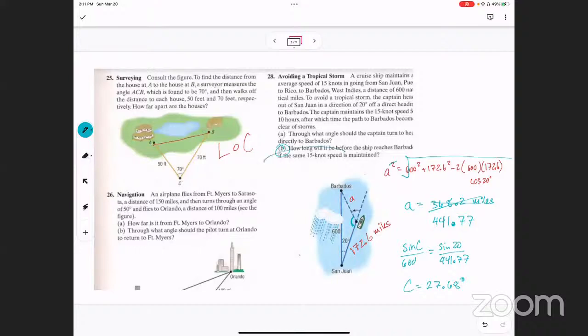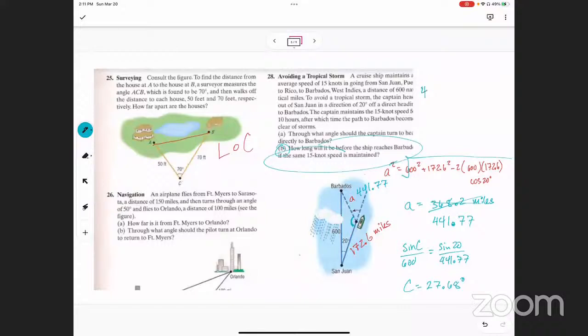And then how long will it take? Well, the distance it needs to go is 441.77. So how many hours at a 15 knot speed? If we want to convert that, we use a conversion factor.